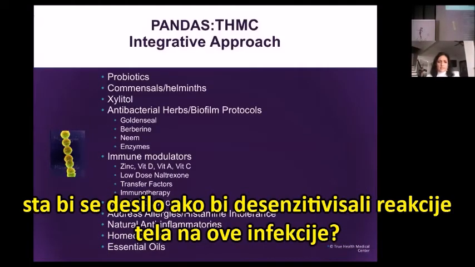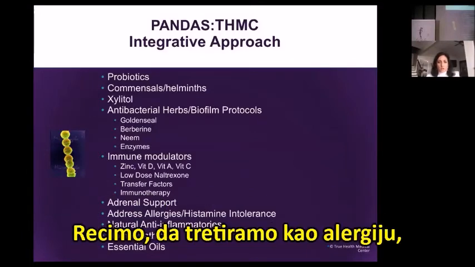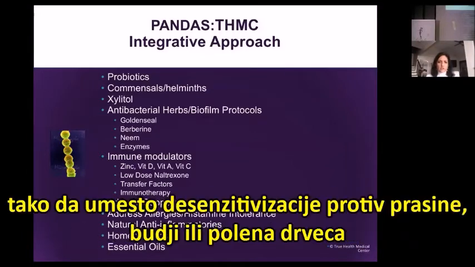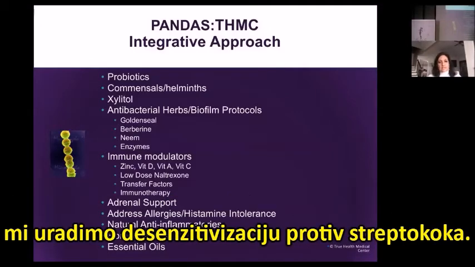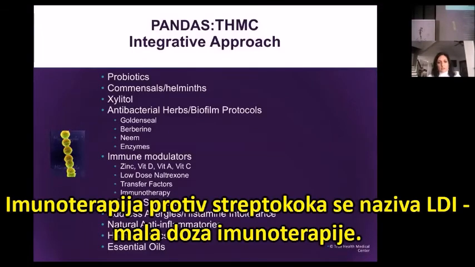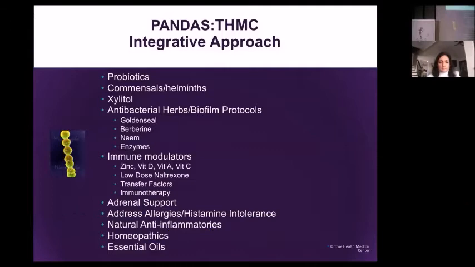What if we tried to desensitize the body's reaction to these infections? So what if we treated it like an allergy? So instead of trying to desensitize against dust or mold or tree pollen, we could desensitize against strep. So that immunotherapy against strep is called low-dose immunotherapy, or LDI.